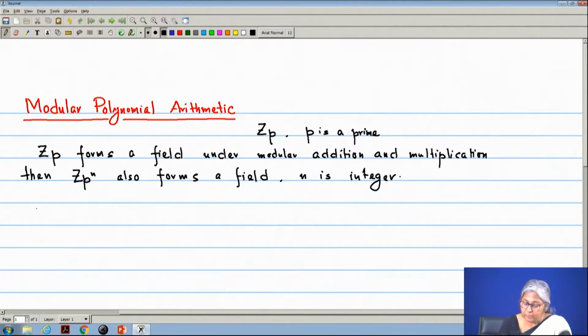Now, whenever we have done Z8 and studied the properties, we have seen that Z8 does not form a field.